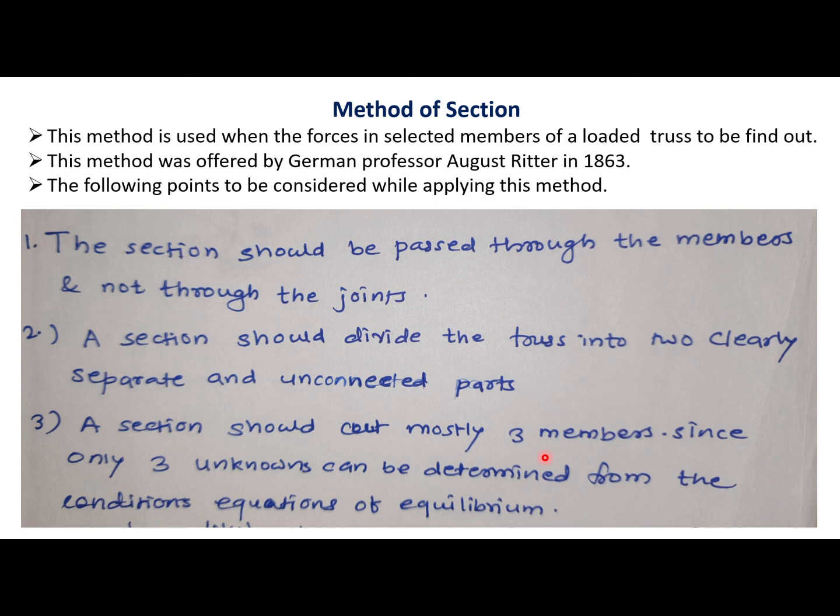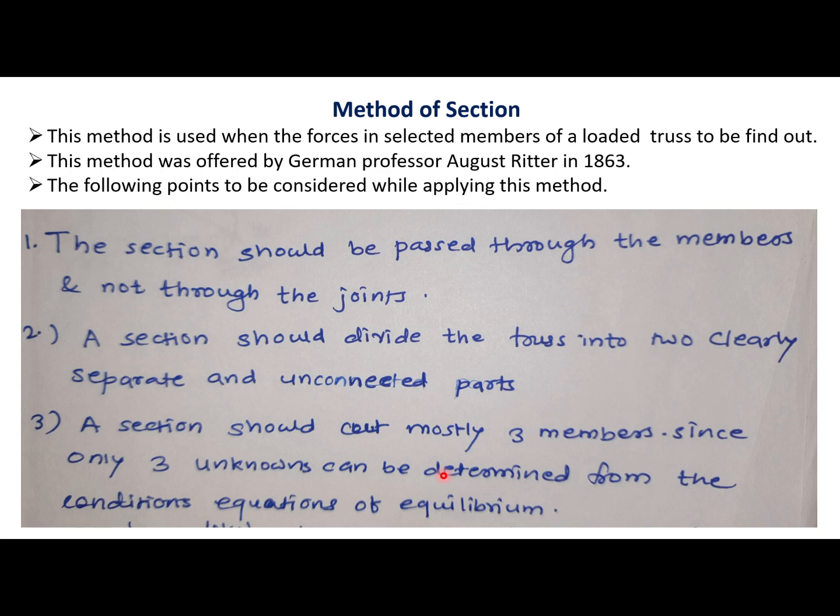And then we apply the condition for the moment by taking the bending moment at a particular point as 0. So in this way, we can get three simultaneous equations, and we can get the three unknowns by solving these three simultaneous equations.